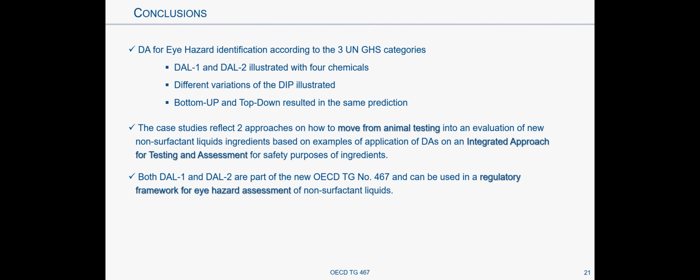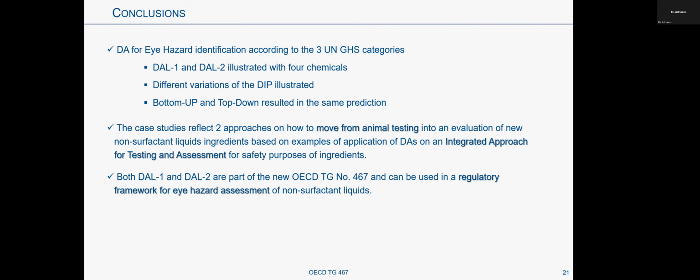With the case studies, we can show how we can move from animal testing to defined approaches for safety purposes of ingredients. And both defined approaches are part of the new OECD TG 467. So they can be used in a regulatory framework for eye hazard assessment of non-surfactant liquids.